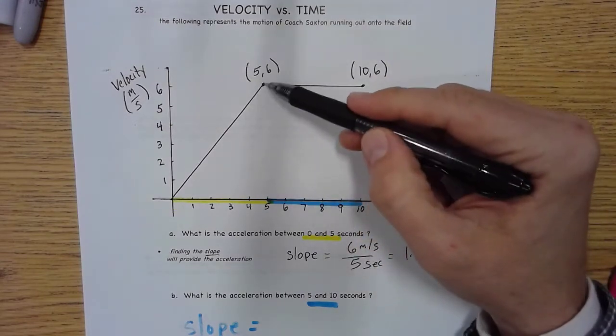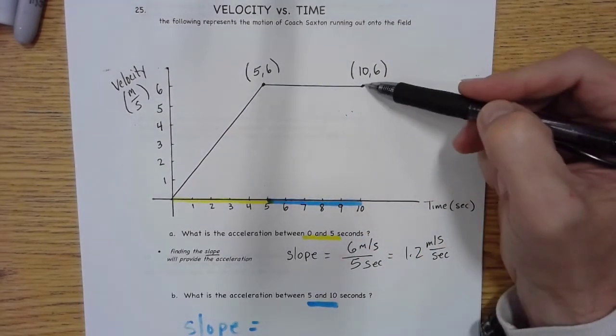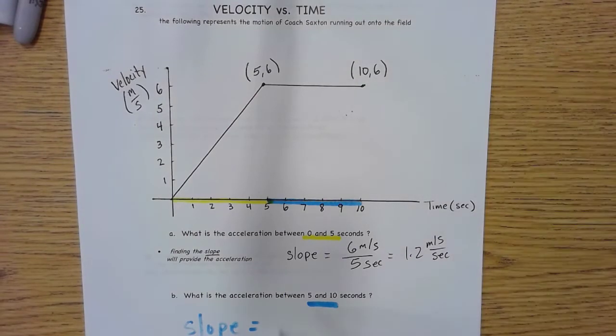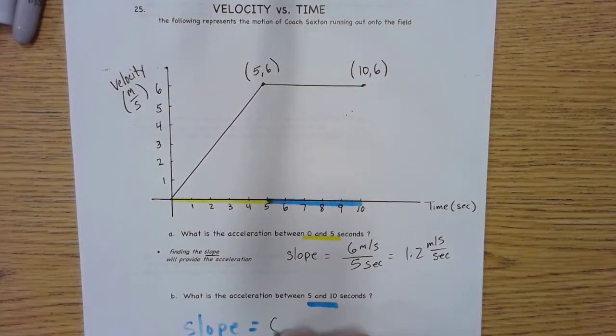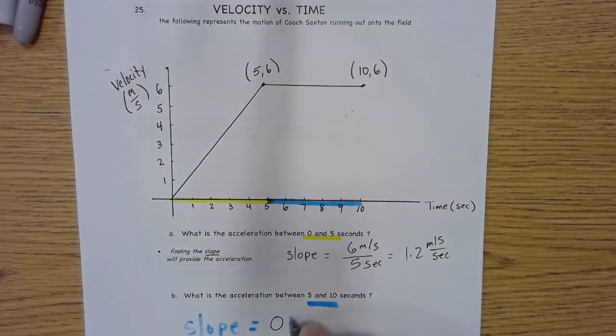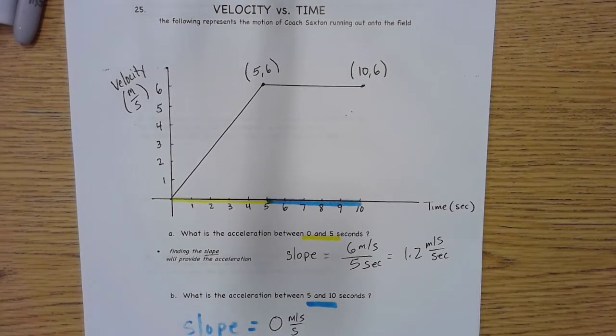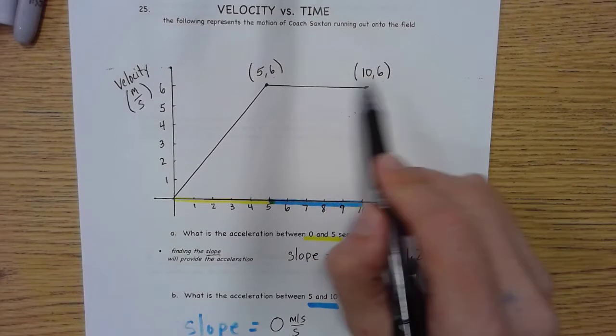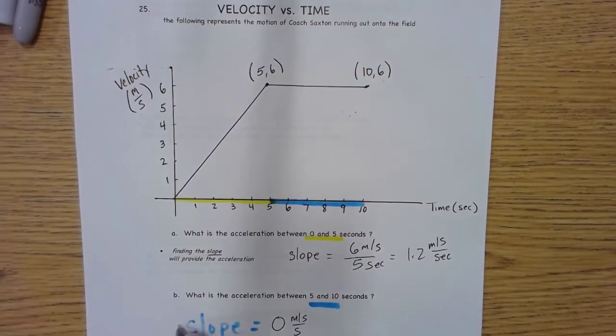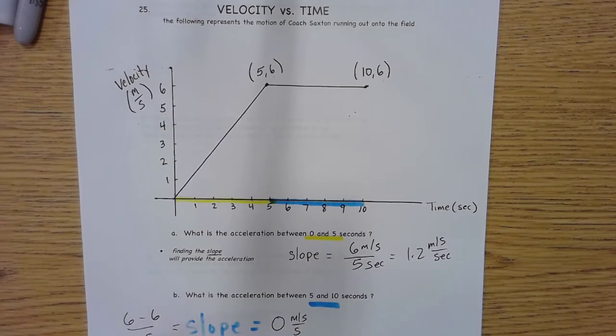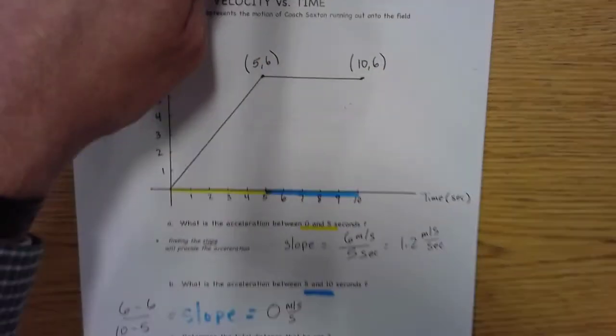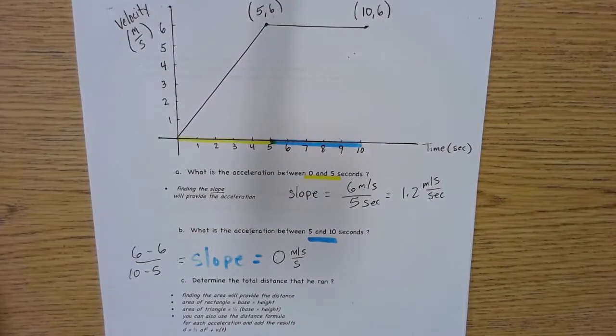Count it out. 0. It's a flat line. But once again, you can still move at a slope of 0. 6 to 6. Some students do 6 minus 6 over 10 minus 5. It still is 0.